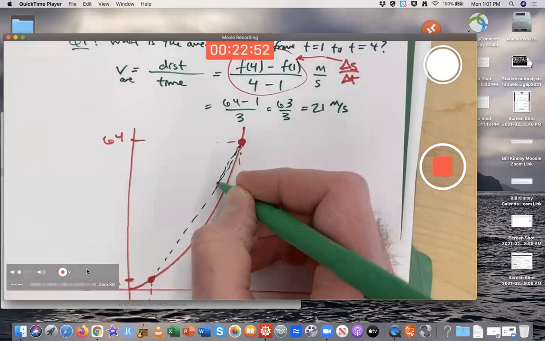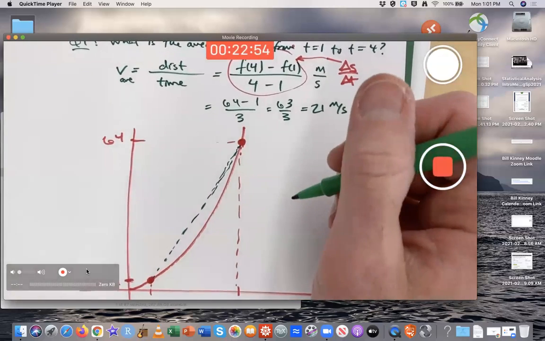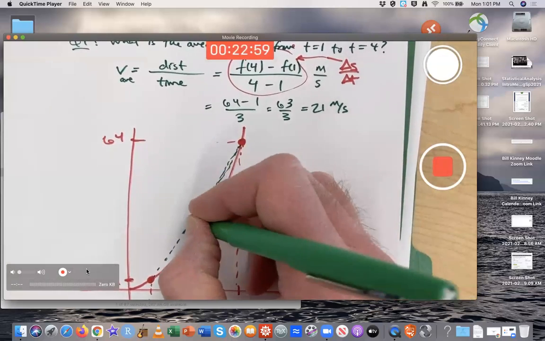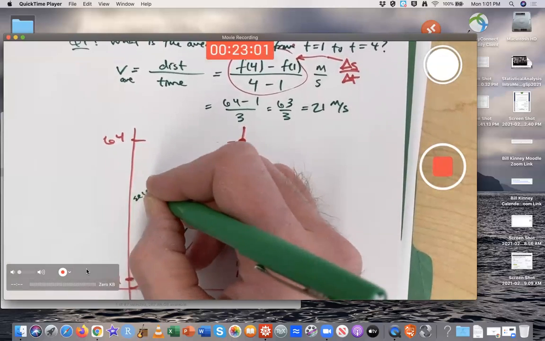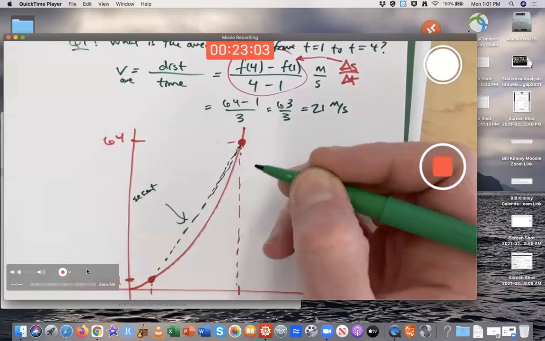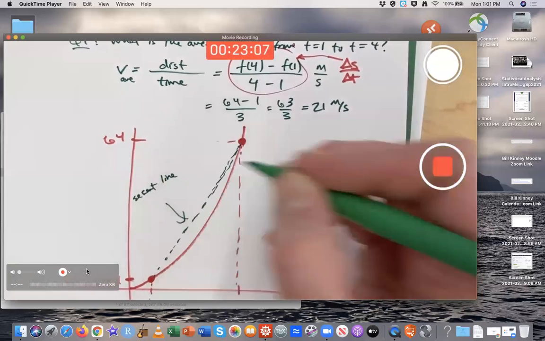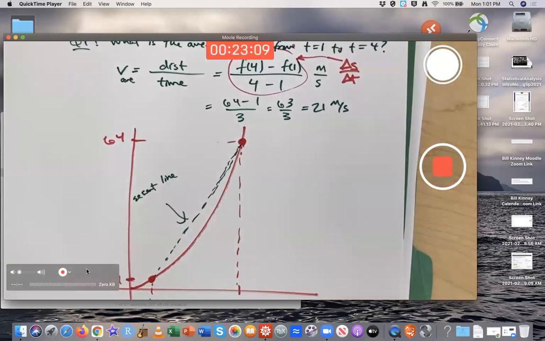Pretend it's straight. It's called a secant line. A secant line to a circle is just a line going through 2 points on the circle. And a tangent line to a circle goes through 1 point.